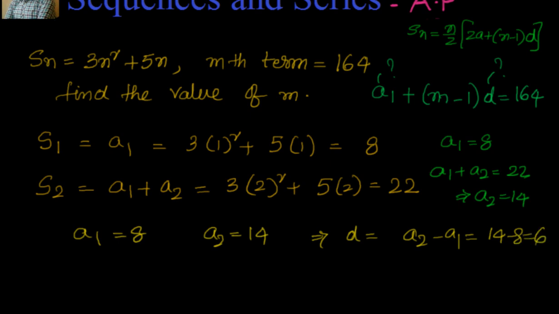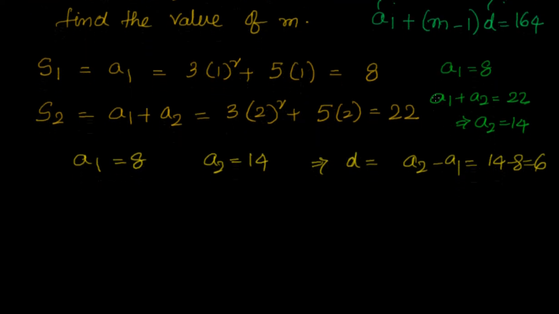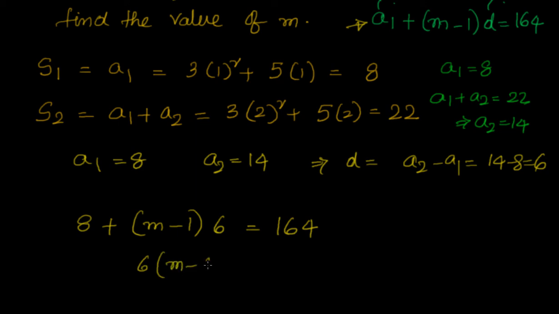Now I know the formula. What I have to substitute is a1, that is 8, plus m minus 1 into d, which is 6, equal to 164. Now this is simplification. 6 into m minus 1 equal to 164 minus 8, that's equal to 156.